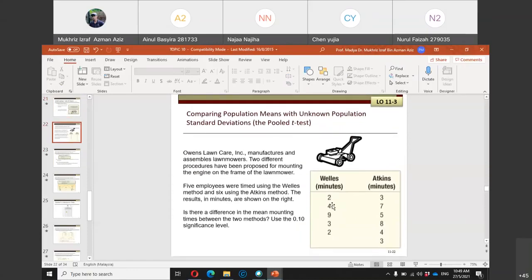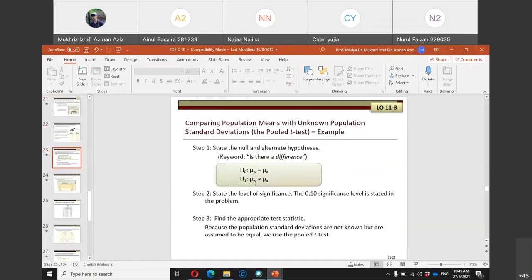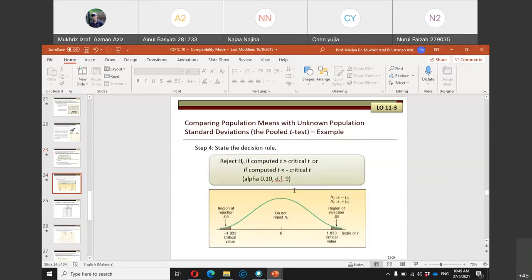If Wallis appears first, then it will be Wallis minus Atkins. If it is Atkins not equal to Wallis, it will be Atkins minus Wallis. So that is the process of constructing your H1 and also your H0.